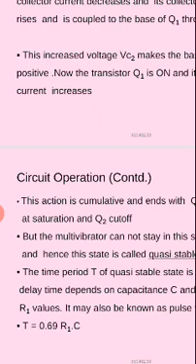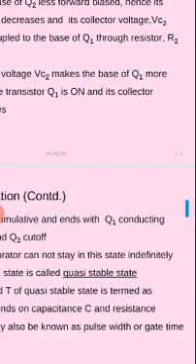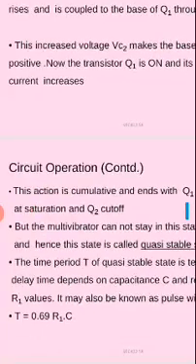This action is cumulative and ends with Q1 conducting at saturation and Q2 cut off.